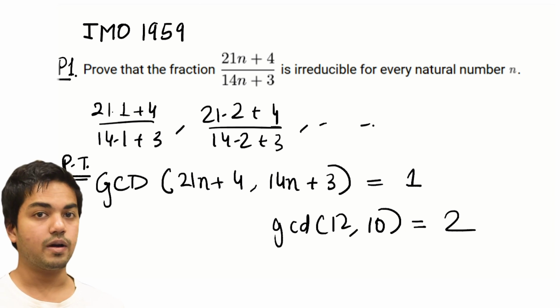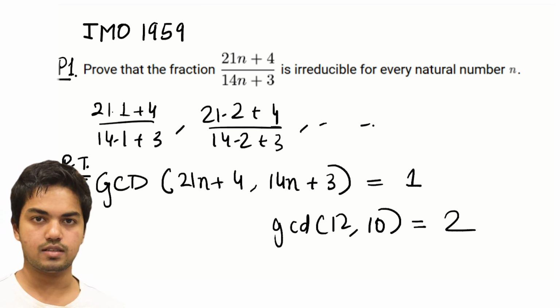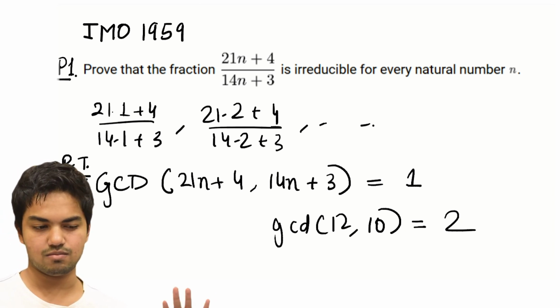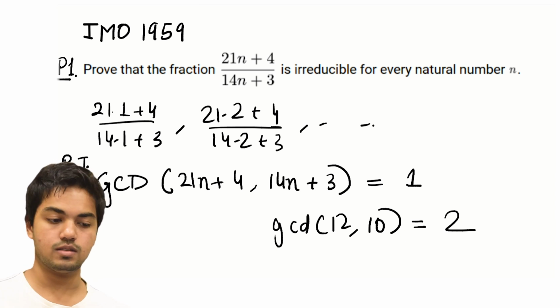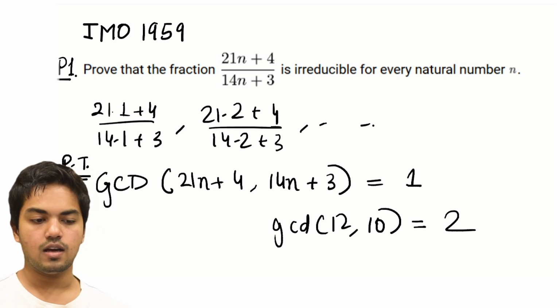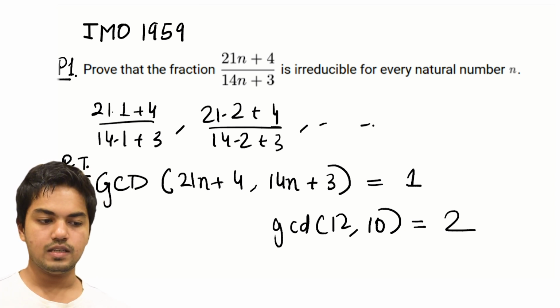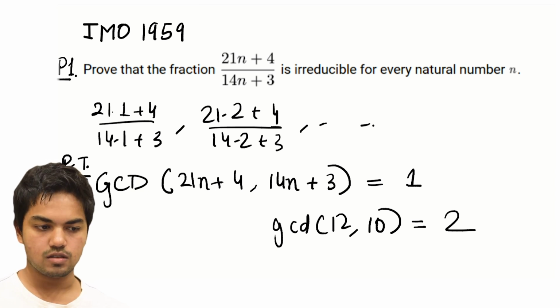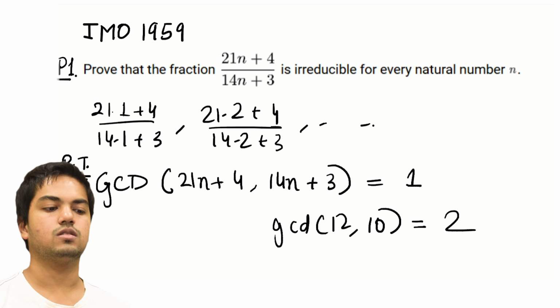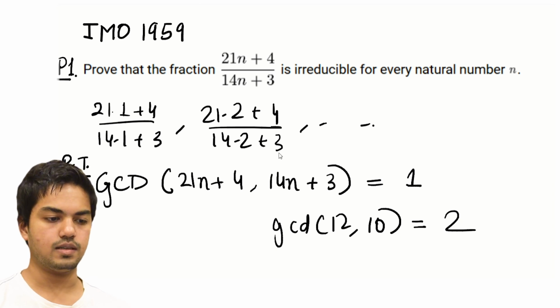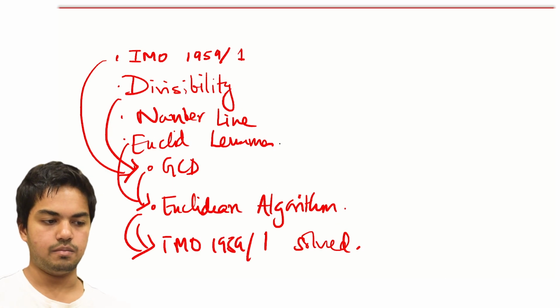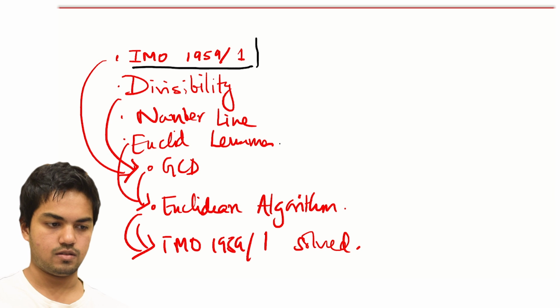For those of you who might be familiar with prime numbers and prime factorizations, you could try something like that. That, in my eyes, I don't see a solution using prime factors right away. This will involve something called the Euclidean algorithm, which is the topic of today's video. So the flow will be as follows. This is our main problem that we'll try to solve.